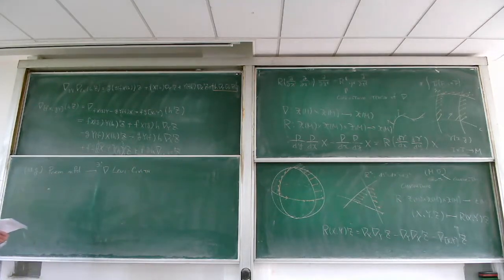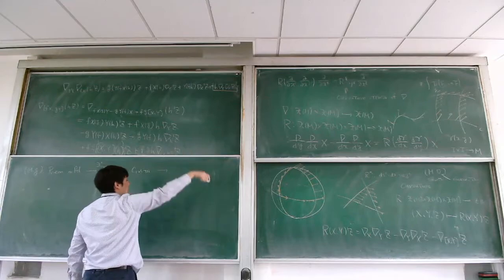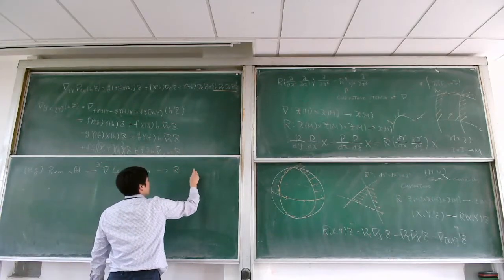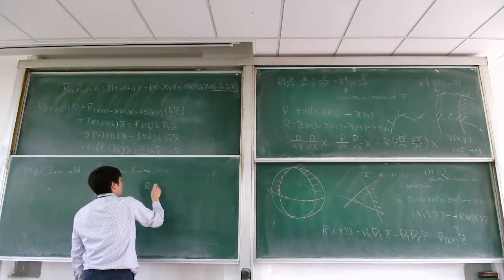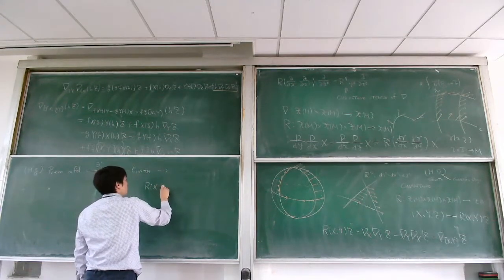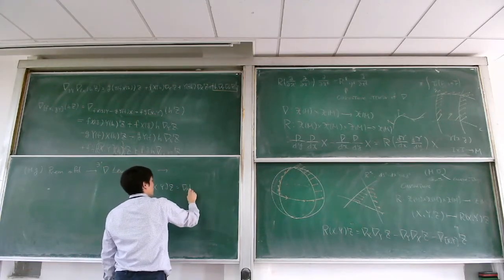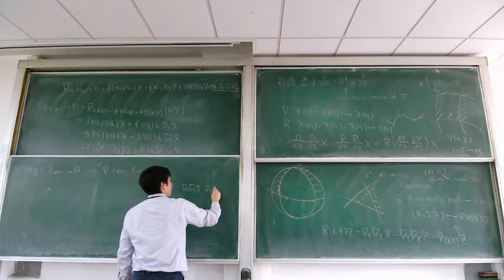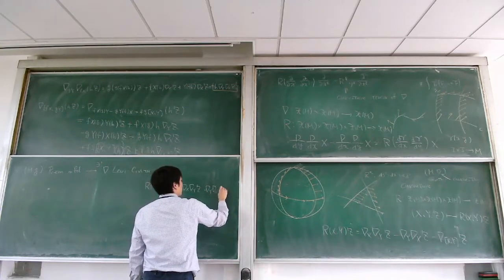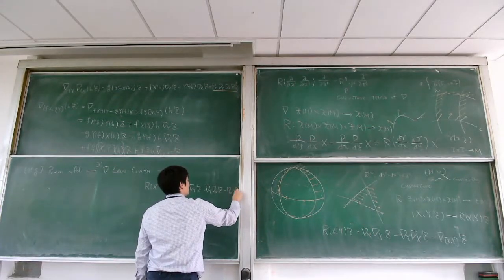Connection. Then you can just define the curvature R in the same way. Let's call it Riemannian curvature. R(x, y)z is nabla x nabla y z minus nabla y nabla x z minus nabla of the commutator of x, y applied to z.